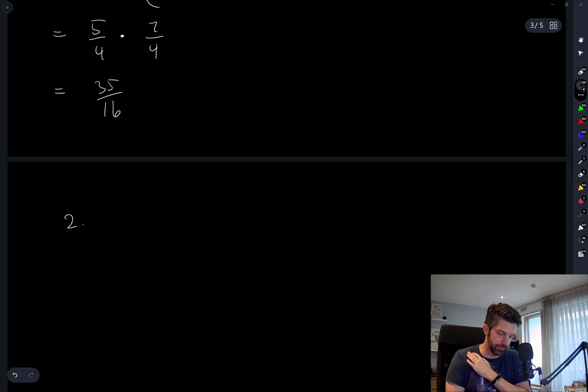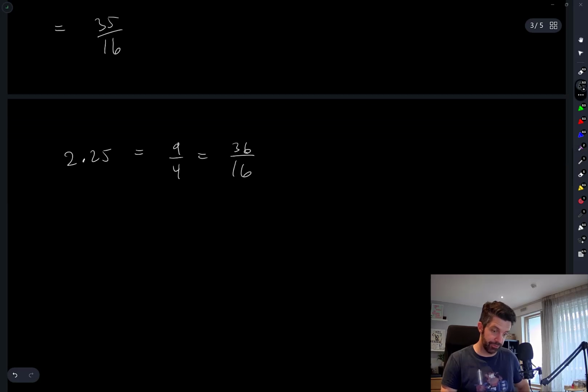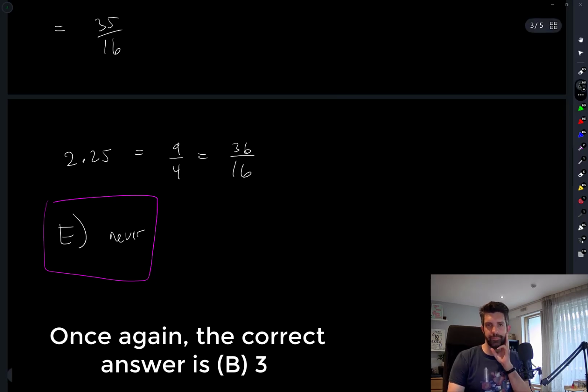Well, 2.25 is equal to 9 over 4, which is equal to 36 over 16. So this is still an underestimate. So the answer is my first instinct, that this will never overestimate the integral.